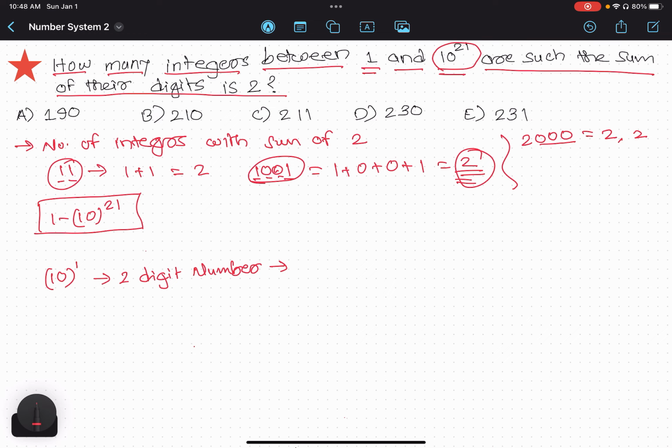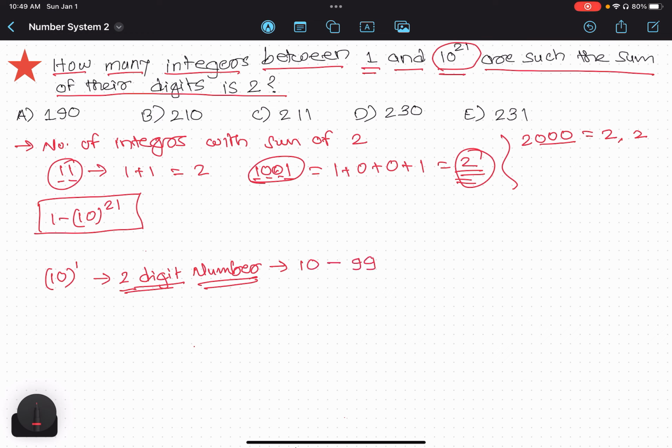All this writing is just for you to understand; you don't have to solve like this in the examination. You will perform this calculation super fast, but at least you need to understand what you are doing. That's my main intention. So 10 raised to 1 is 10, and I'm considering the range for two digit numbers, which starts from 10 to 99.